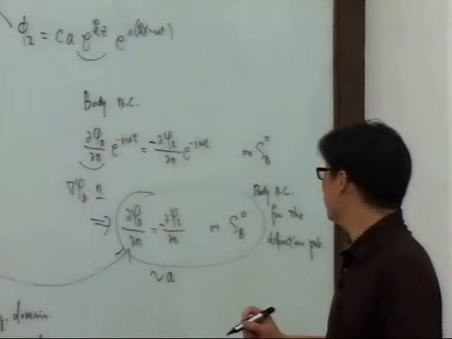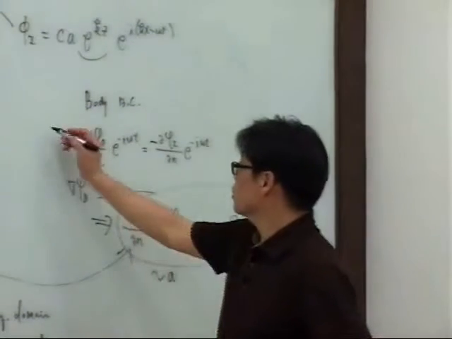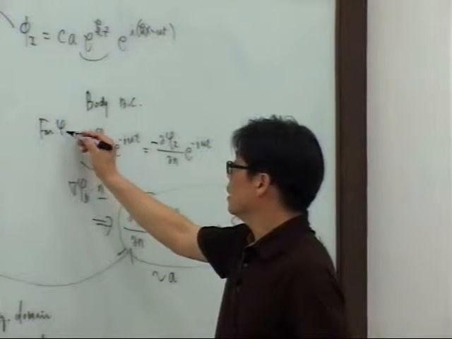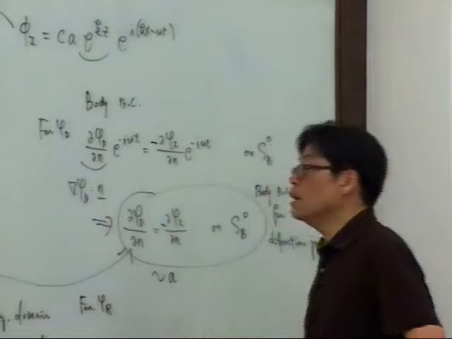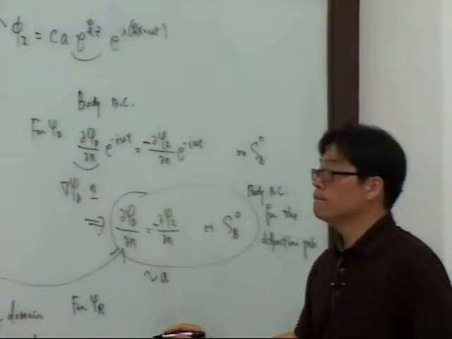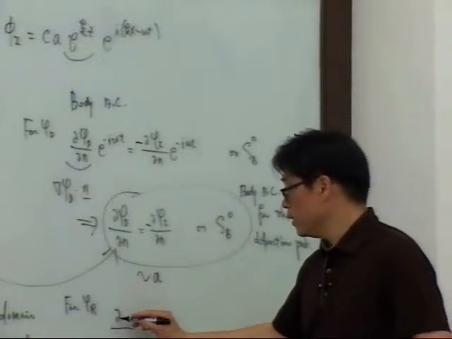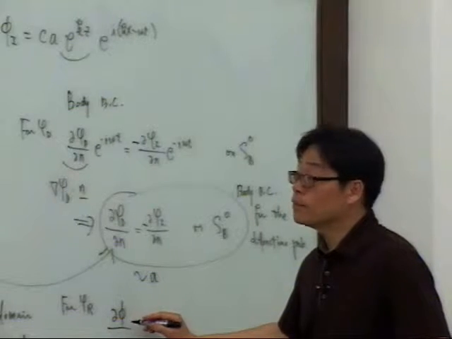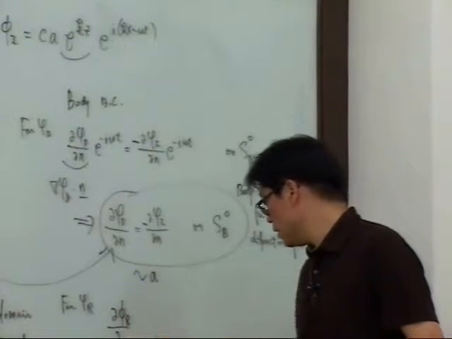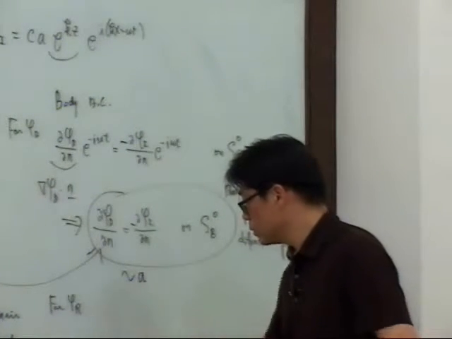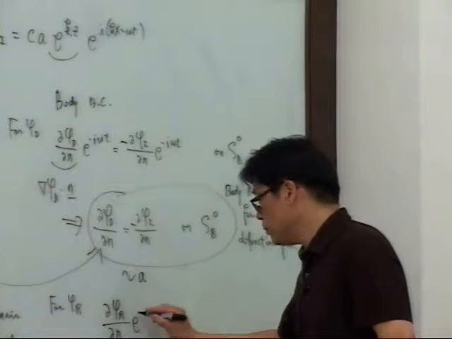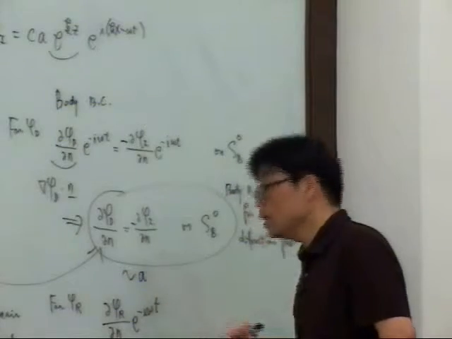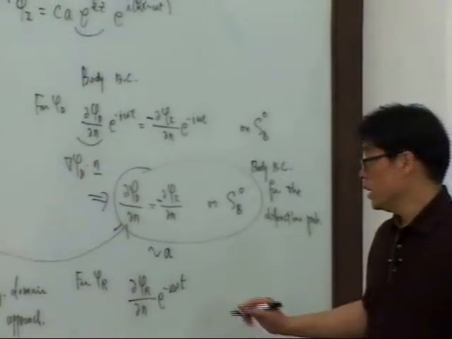And at the same time, for the radiation problem, so this was for phi D. For phi R, I have d phi R dn e to the minus i omega t, right? That's the left-hand side.